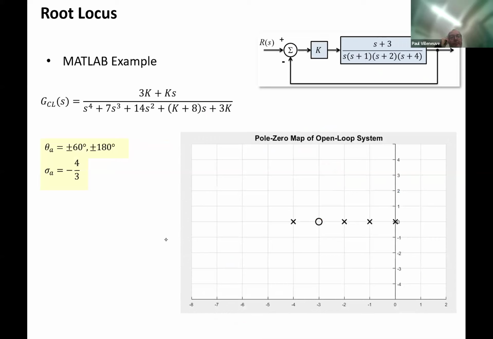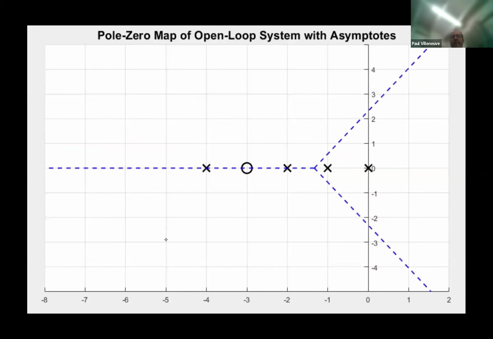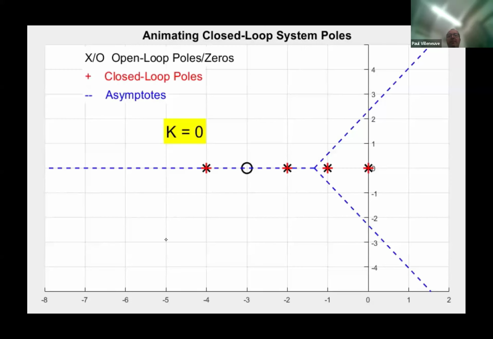All right. So let's take a look at our plot now. We have this closed loop transfer function, and we're going to use MATLAB to plot it. So you can see what we just did on the whiteboard is shown here. We have the 3 first poles, then we have a 0, and then we have another pole. Let's walk our way through. There's our asymptotes. Start increasing k.